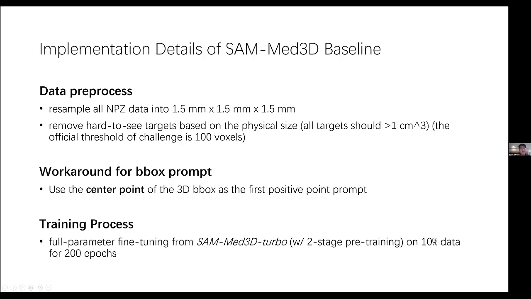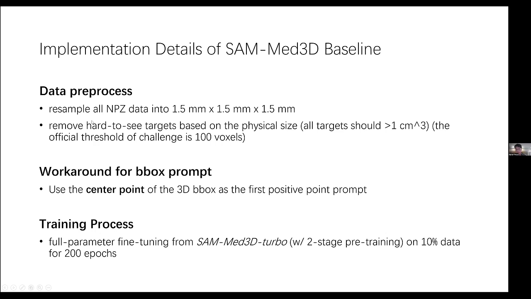And the next part is about the implementation details of the SAM-Med3D baseline for our challenge. To align the data format and normalization with our SAM-Med3D code base, we need to resample all NPZ data into the target spacing we pre-trained our model on. It's 1.5 millimeter.